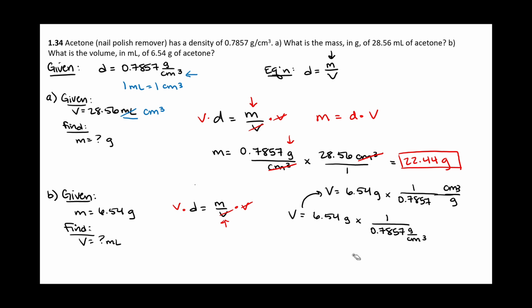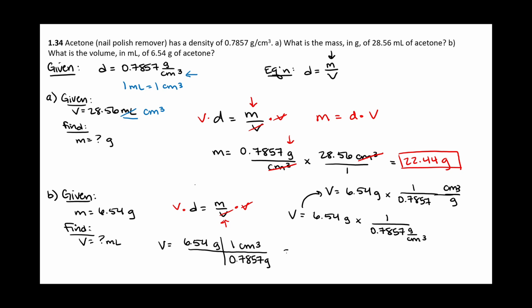Another way you can solve this, maybe you like this a bit more, is you could take your 6.54 grams, we're still solving for volume, and use those train tracks. You put 0.7857 grams in the denominator. We're dividing by the density, and put 1 centimeter cubed in the numerator. We're just flipping density.